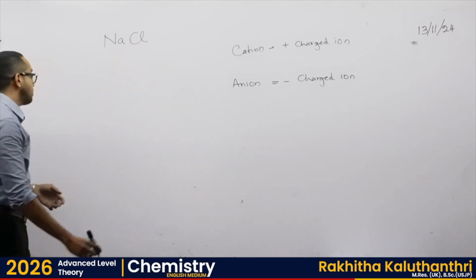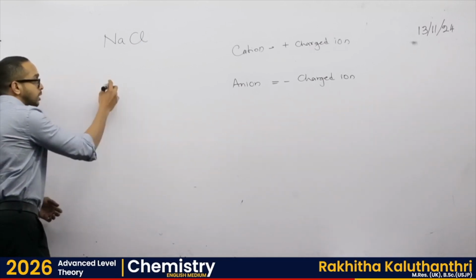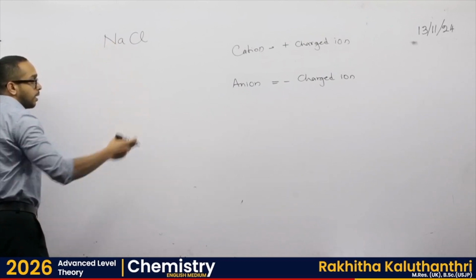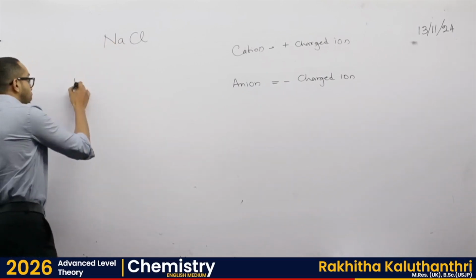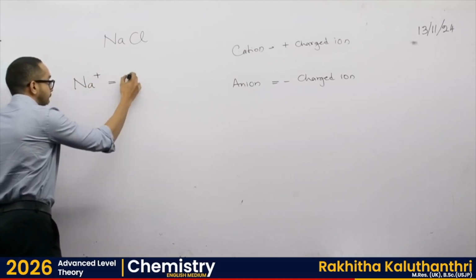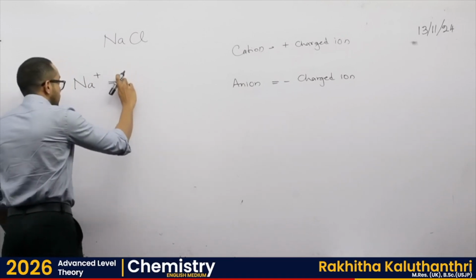So when writing names, the name of the cation is written first without any changes to the name of the element. So sodium, when it is forming a +1 charged ion, its name is also going to be the same as the name of the element. So we just write sodium.